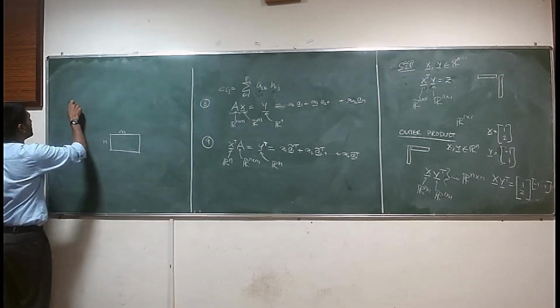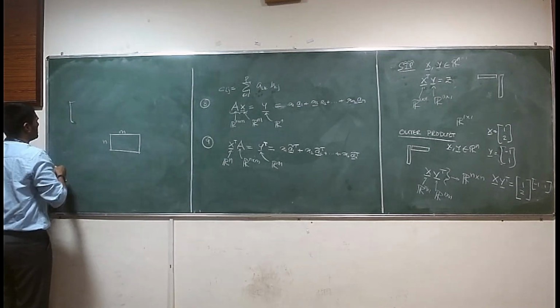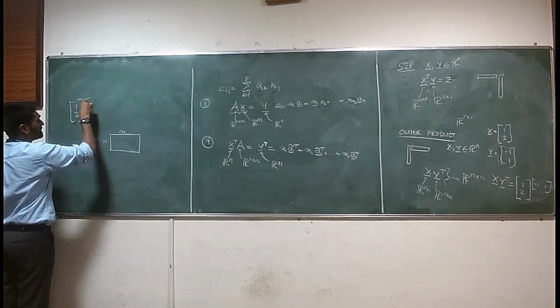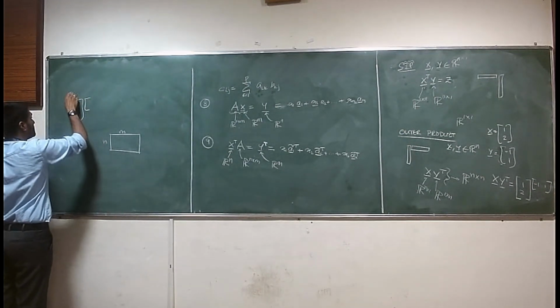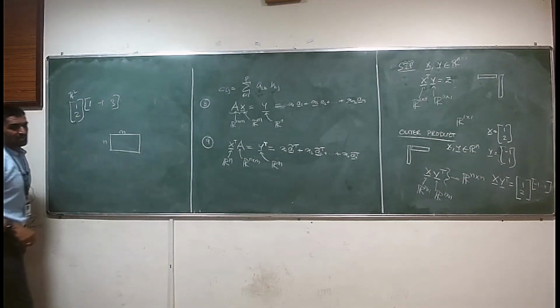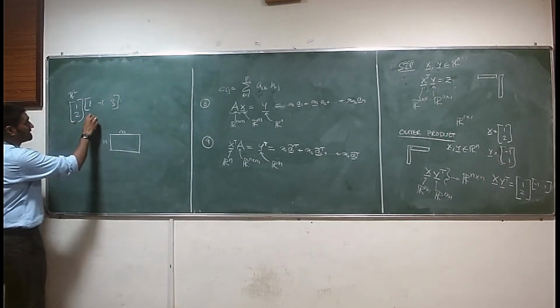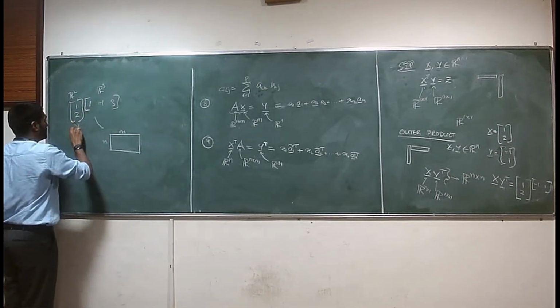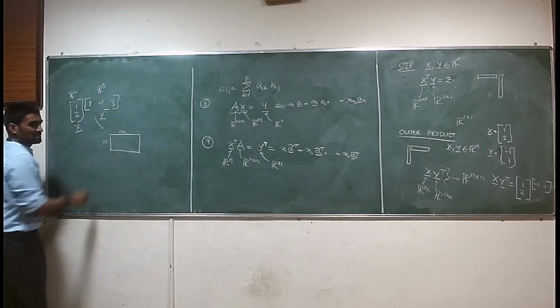What if I choose 1, 2, which is from R^2, but I choose this to be a vector from R^3? This is your x, this is your y transpose.